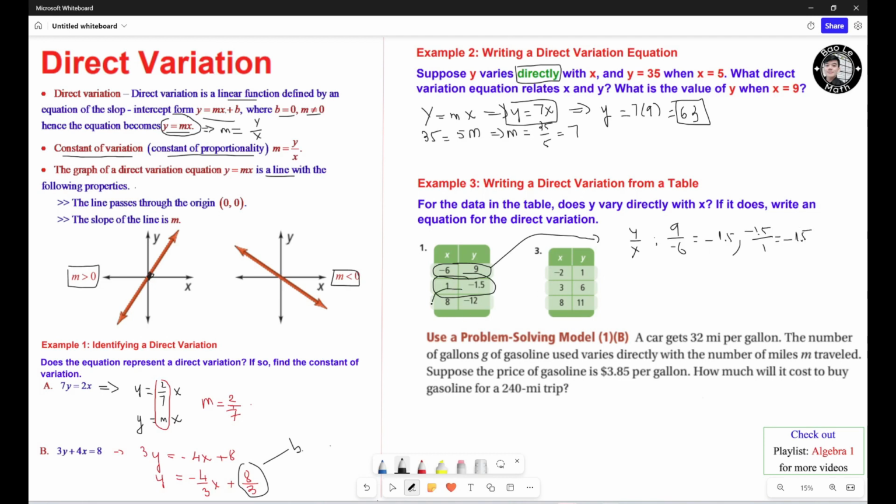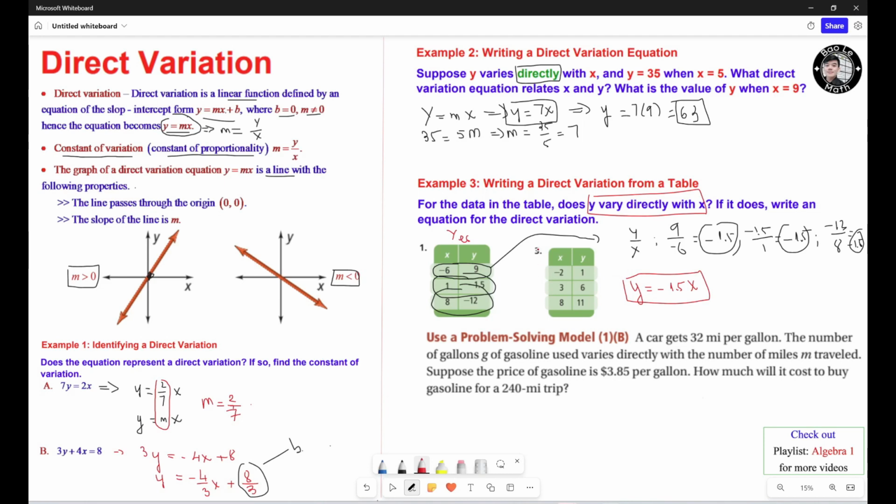And the last one, negative 12 divided by 8 to be negative 1.5. So we see that they are all equal to negative 1.5. Which means y varies directly with x. So question number 1 right here, yes. Now we need to find the equation. Because this is the constant of proportionality, y equals negative 1.5 times x. This is the answer.